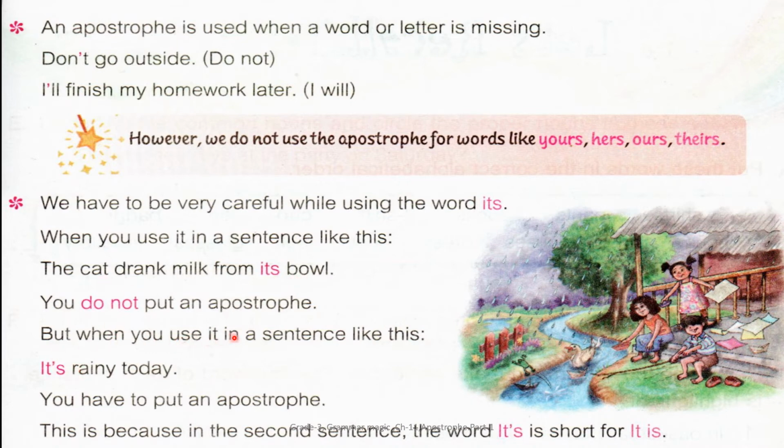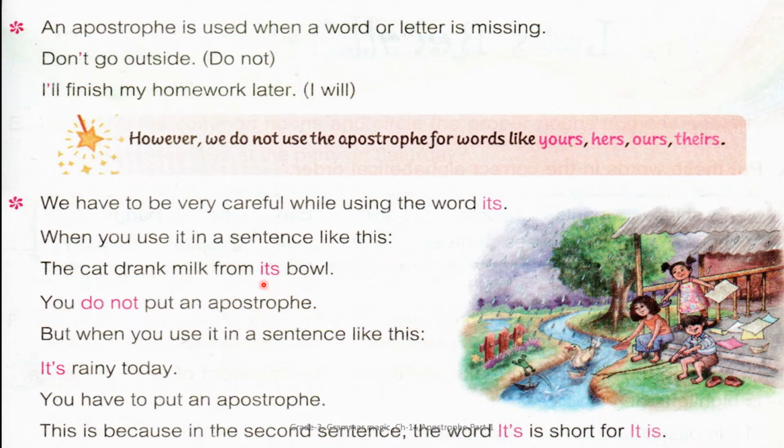But when you use it in a sentence like this, it's raining today, meaning it is rainy today, how do we put an apostrophe? This is because in the second sentence, the word it's is short for it is.